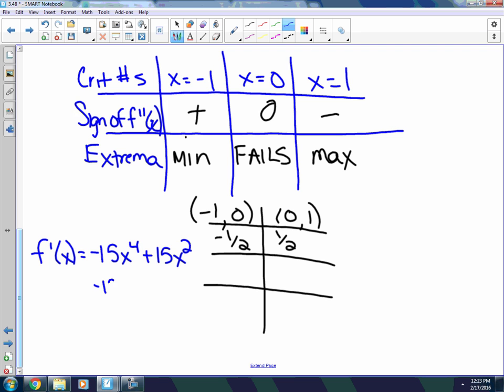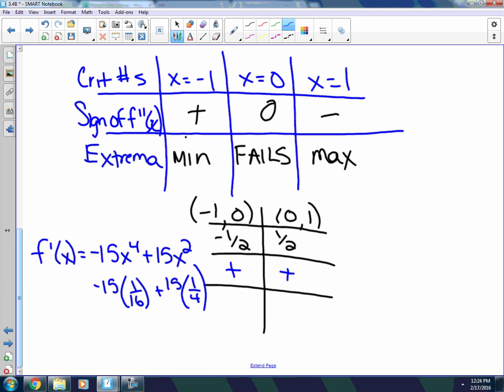It's going to be negative 15 times 1/16 plus 15 times 1/4. Which one's bigger? It's going to be positive. When you put a 1/2 in, guess what? That doesn't change this because it squares it. It's going to be positive.